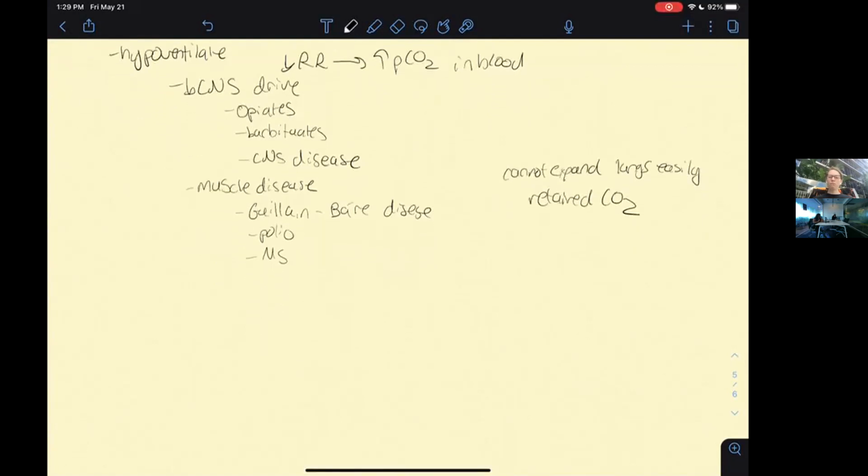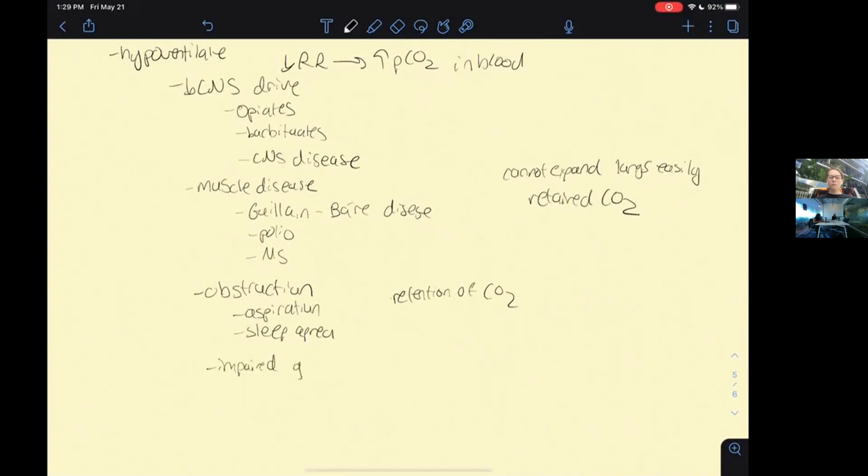And then, yeah, Nathan, another reason for hypoventilation is obstruction. So like if you're aspirating on something, or if you have sleep apnea, that would cause you to just retain CO2. And then finally, if you have just impaired gas exchange.